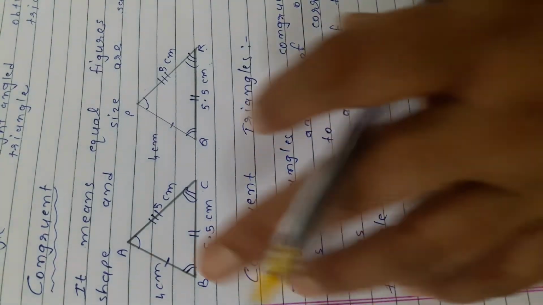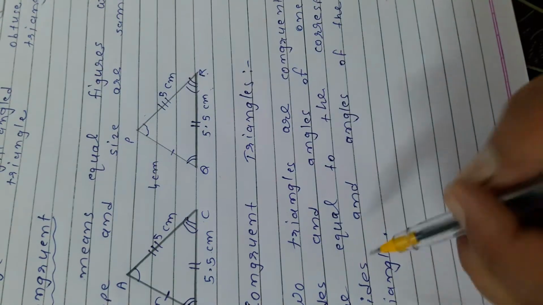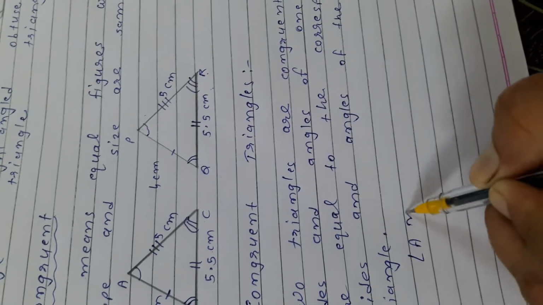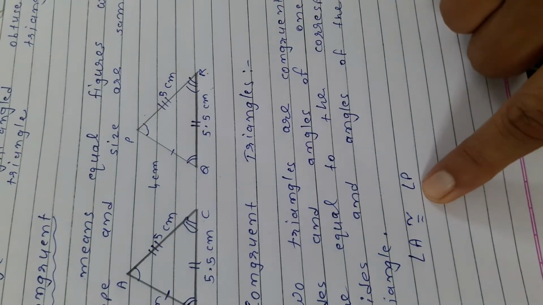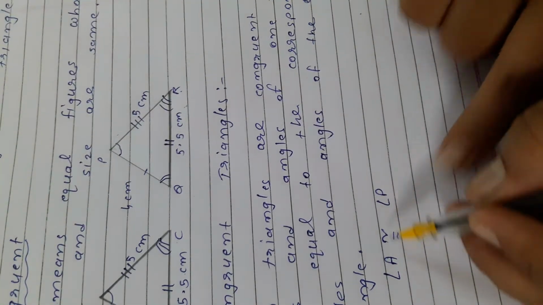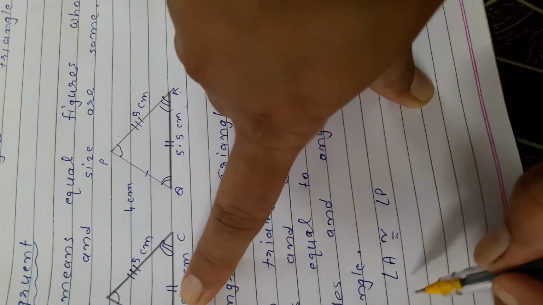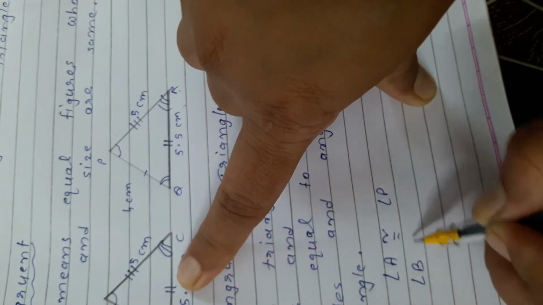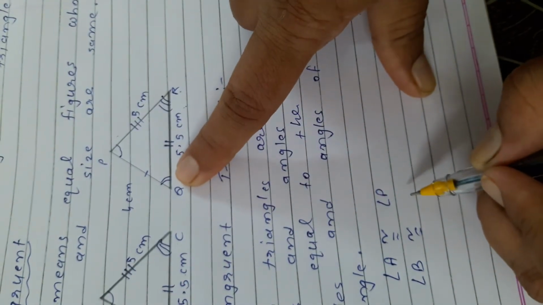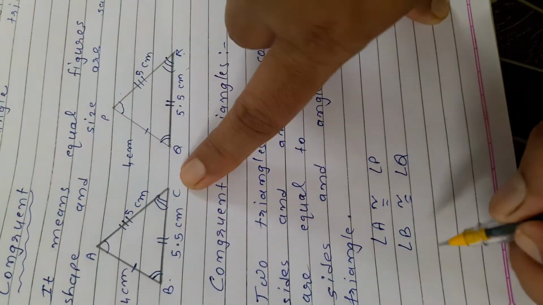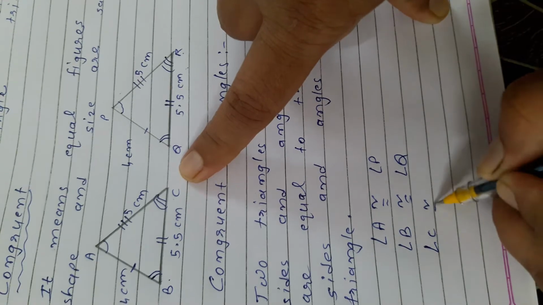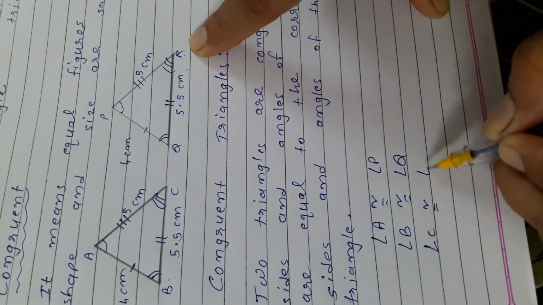That is, here in both the triangles, angle A is congruent to angle P. This is the symbol of congruence. Angle A congruent to angle P. Angle B congruent to angle Q. Angle C congruent to angle R.